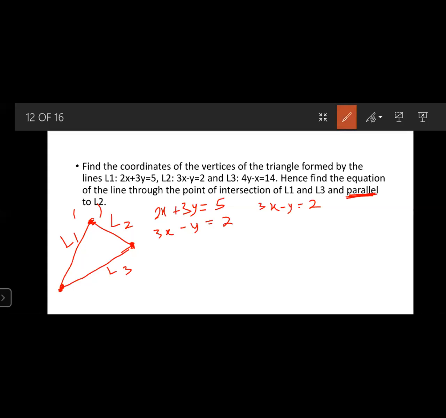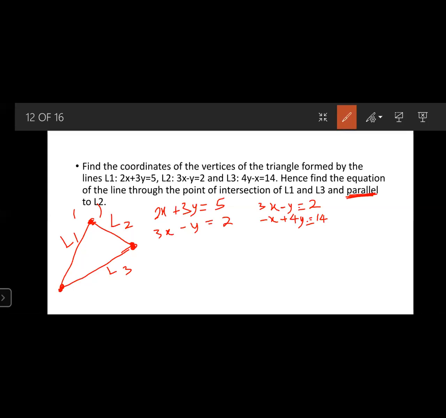So I may just write minus x first: minus x plus 4y equals 14. So that's the second one. That one will give us this point.